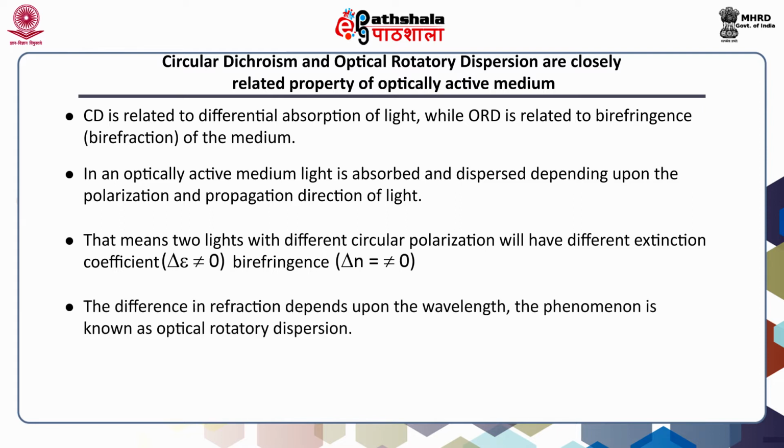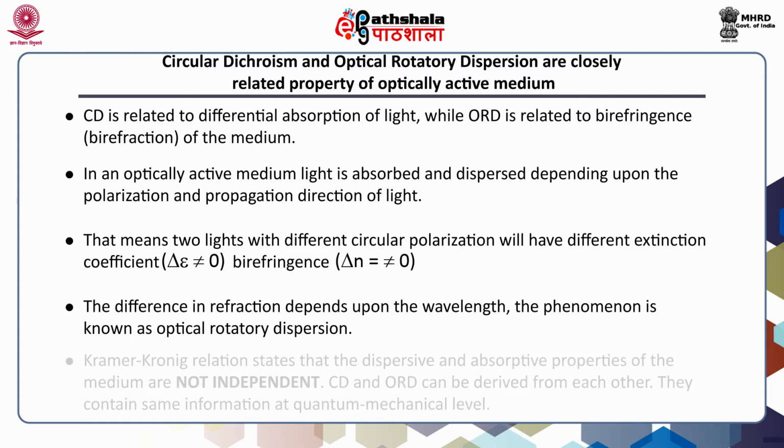The difference in refractive index depends upon the wavelength of the circularly polarized light, and hence the rotation of the polarized light. We can say that the rate of change of rotation, or more precisely specific rotation or molar rotation, with respect to wavelength is the optical rotatory dispersion.